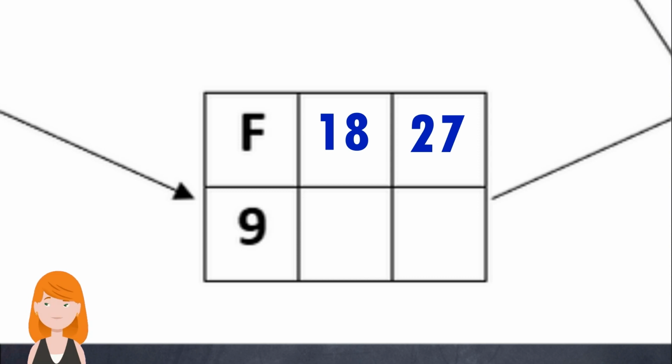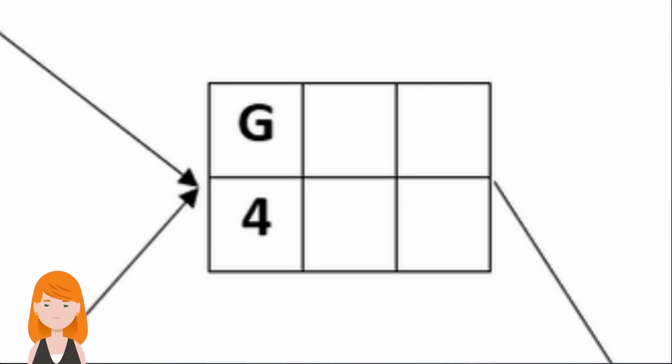G, on the other hand, needs D and E to finish before it can start. Since the earliest finish times for D and E are 22 and 18 respectively, and G needs both of them to finish in order to start, then the earliest start time for G is 22.